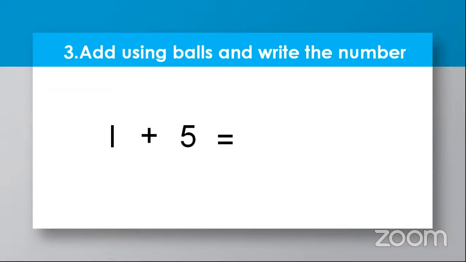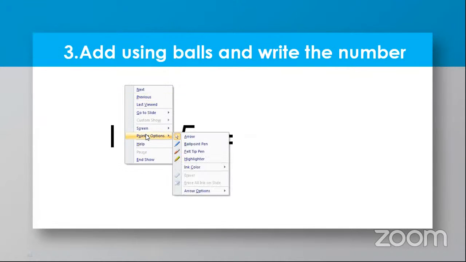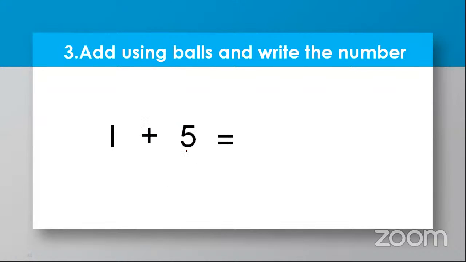Read the instruction again, please. Add using balls and write the number. Very good, thank you. Add using balls and write the number.